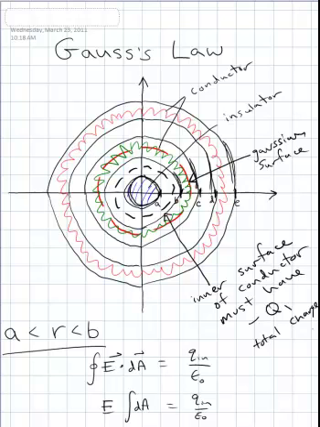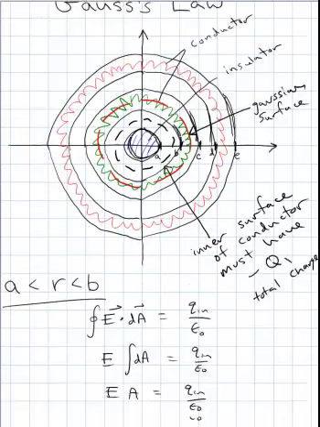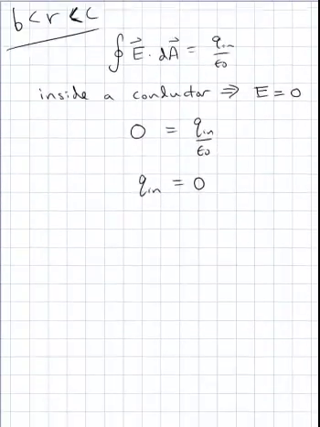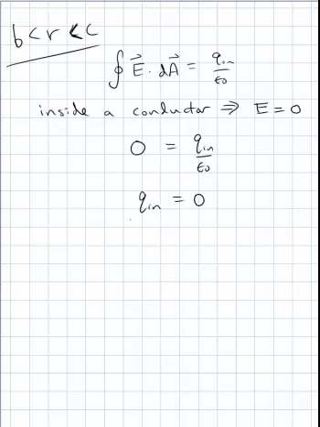So the total charge on the inner surface of this conductive shell, that's where r equals B, has to be negative Q1, because the total charge inside of our Gaussian surface has to be 0. So the Q at r equals B has to equal minus Q1.